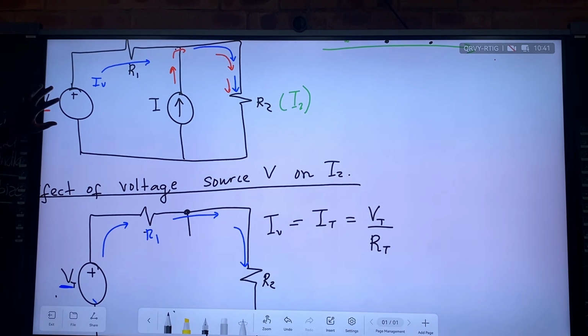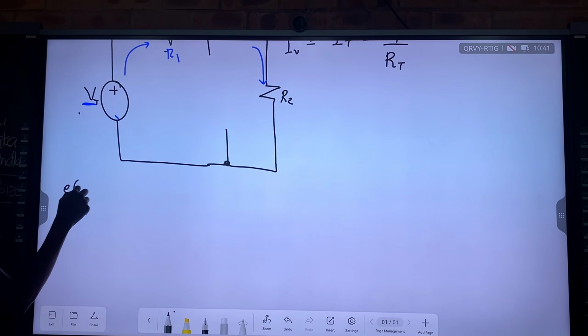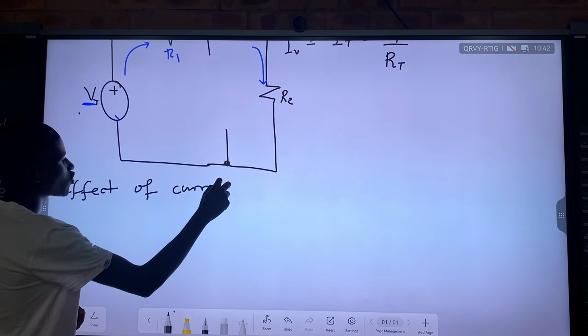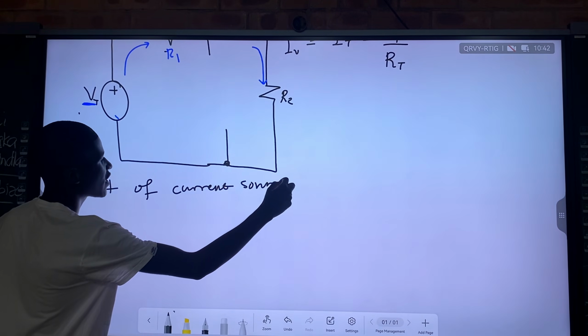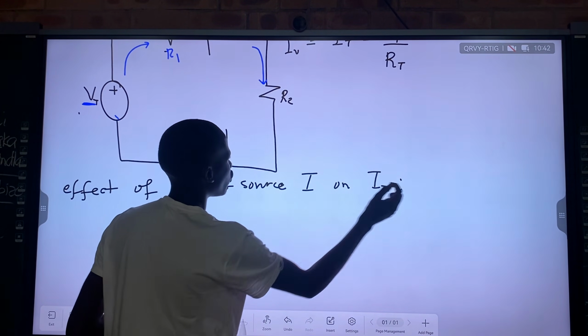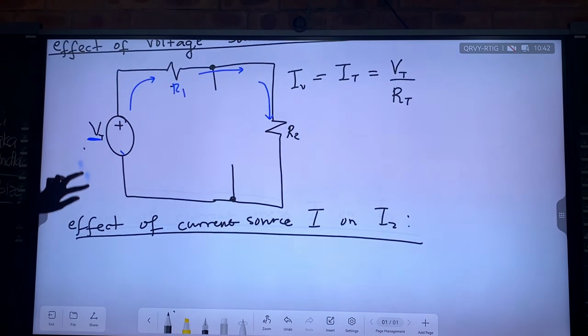So how do we do it? We remove the voltage source. Now let's look at the effect of the current source producing a current I on R2.